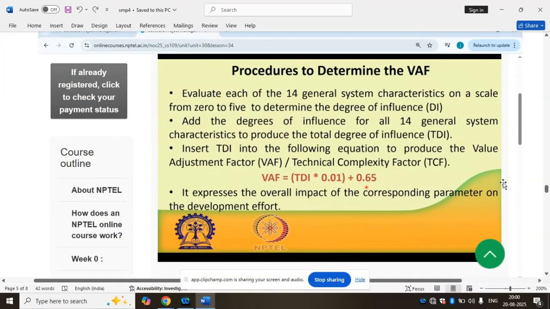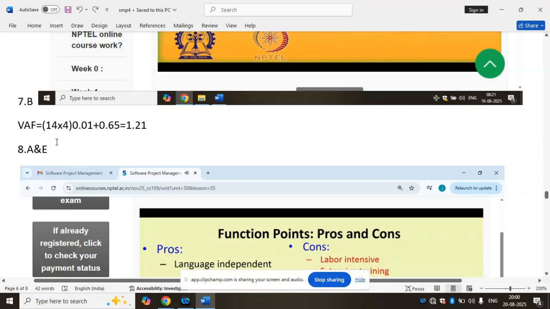The formula to find VAF is TDI, total degree of influence, into 0.01 plus 0.65. This factor should be added. So let us do that one. Here VAF equals 14 into 4 into 0.01 plus 0.65. So the answer is 1.21.